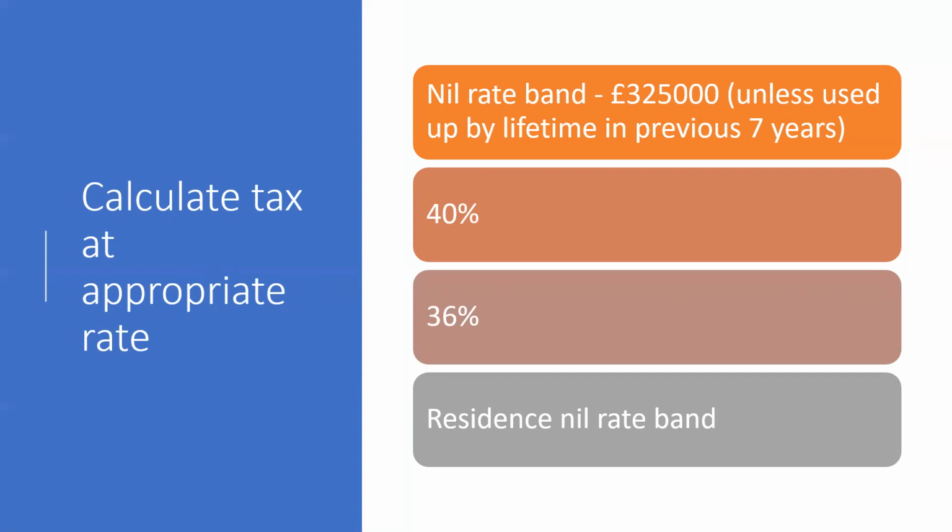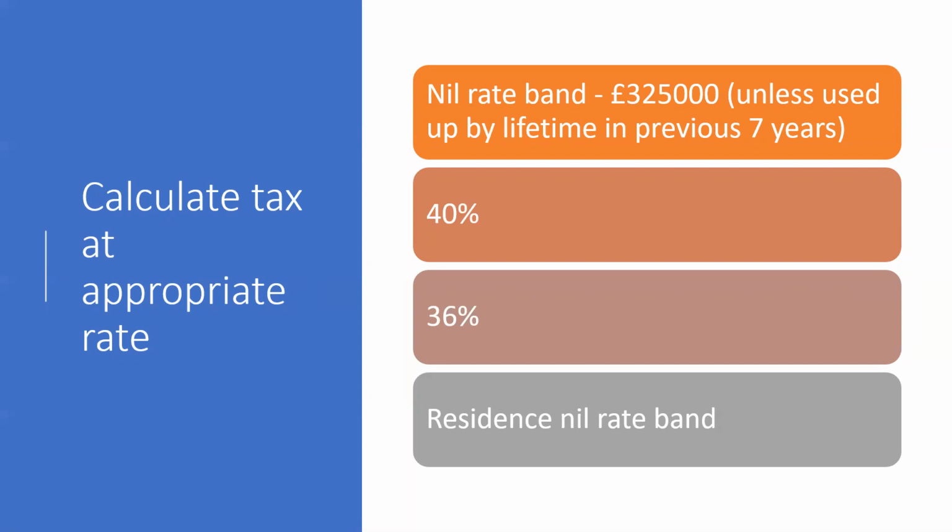The other thing to remember about the nil rate band is that if the deceased had a spouse or some partner who previously died, so if they're a widow or widower, then if on the death of their spouse, that spouse did not use up their own nil rate band, then the person who has now died can increase their nil rate band by whatever percentage wasn't used of the spouse's nil rate band.